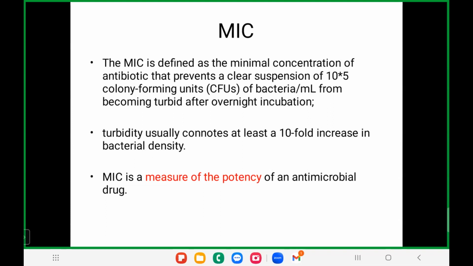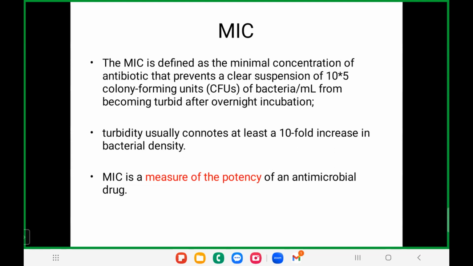So clinically, when you talk about MIC, it is the level of the drug, like your serum concentration, above which your antibiotic should be, which is needed to kill or inhibit the bacteria. Any drug concentration below this MIC is not going to be useful for us.